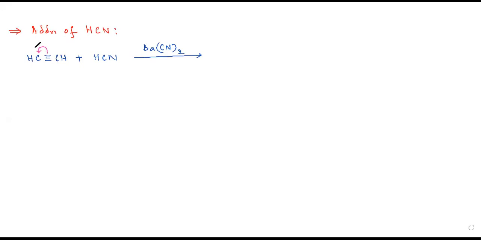Let us take it this way. Minus here, plus here, plus here, minus here. Then it will be like minus to plus, minus. See, in this case, we get vinyl cyanide, CH2 double bond CHCN. You can say propenenitrile.